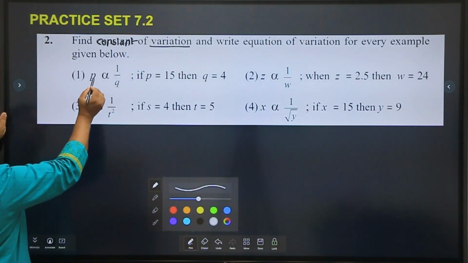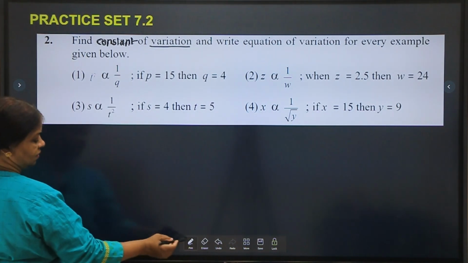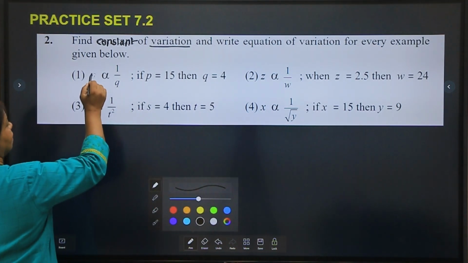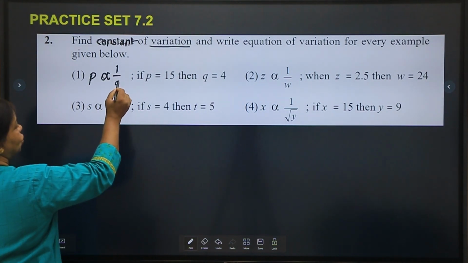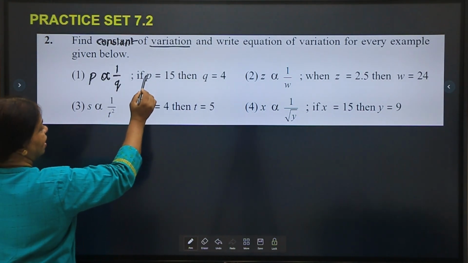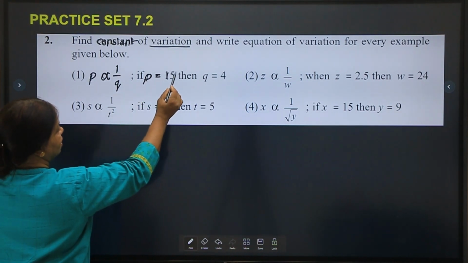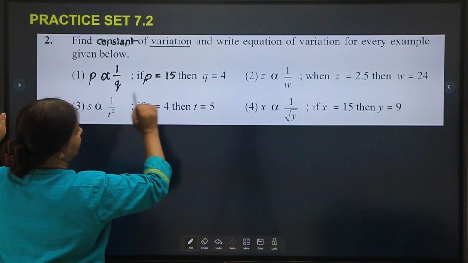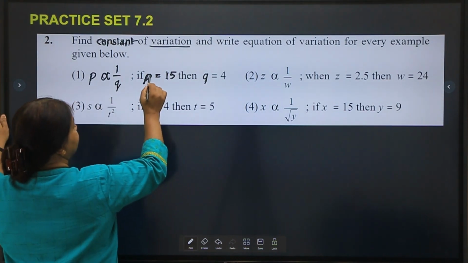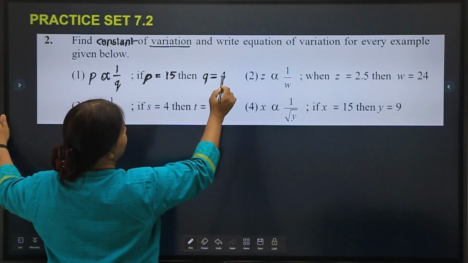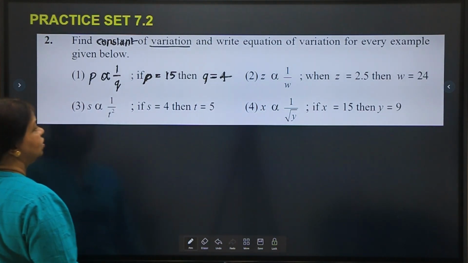The first one is P is in inverse variation to Q. So if P value is given 15 and Q value is given 4, then find the constant of variation.